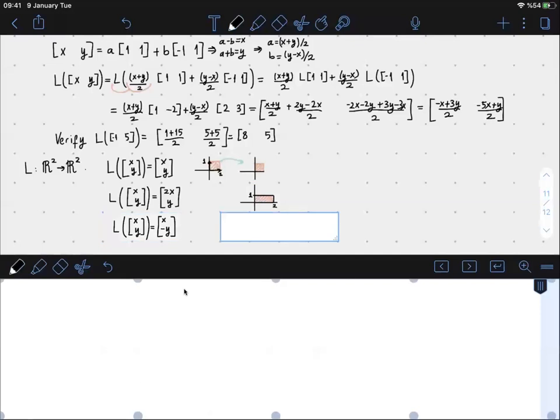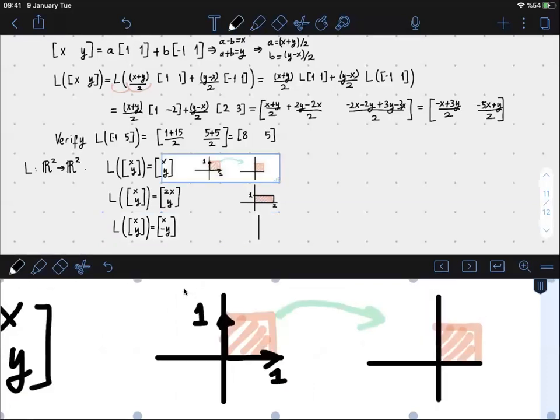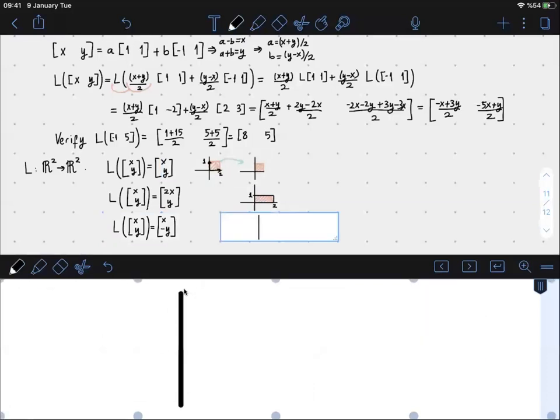This time it will take this square, and what will it do? If I take the 1 0 vector, it will go to 1 0, but if I take the 0 1 vector, it will go to 0 minus 1.